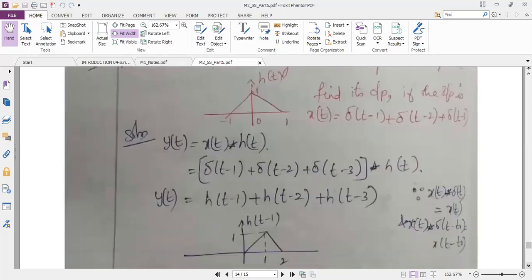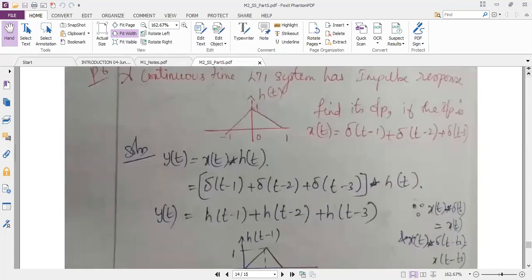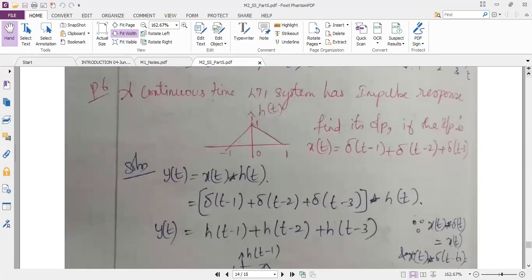The fifth problem is very, very unique. I will solve some other typical problems, then I'll come back to the fifth problem. Now I will complete the sixth problem. You can copy this question. A continuous time LTI system has impulse response. So this is very unique and very easy.